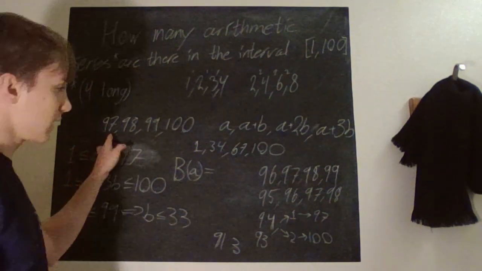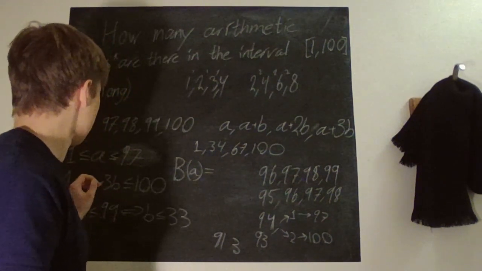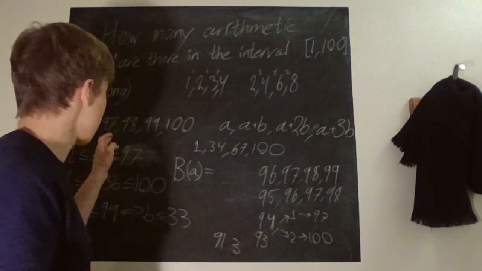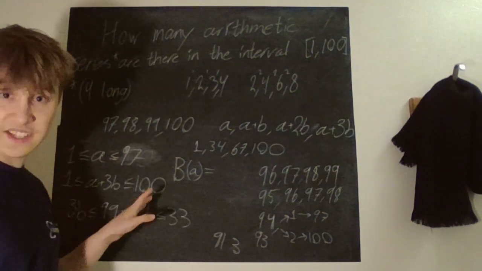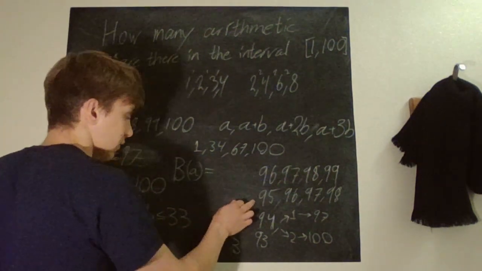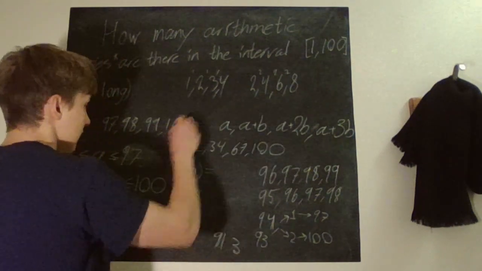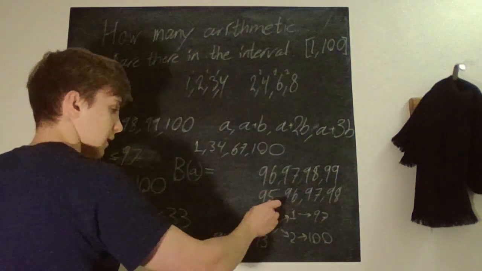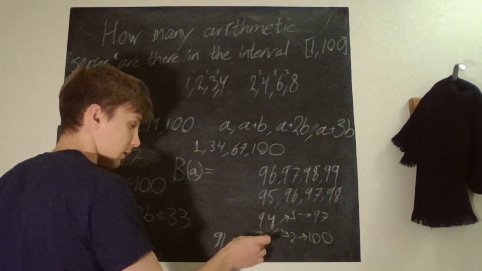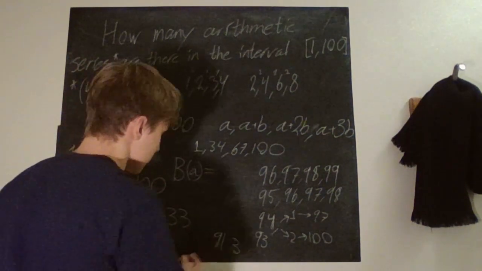Okay, so 97 gave 1. Yes, exactly. 97 gave 1. Anything bigger than 97 gives 0. As in 97, 96, and 95 all gave 1. And then 94, 93, 92 all gave 2, and then so on.